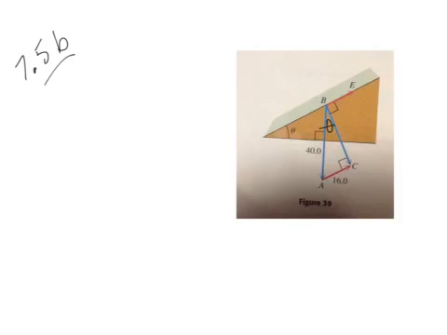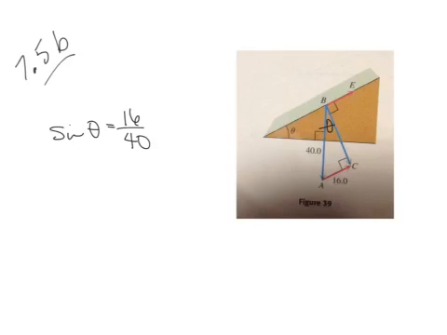So what are we going to use in order to do that? We are just going to go back to section 2.1, and we know to find that angle, we're going to take the sine of theta, and that's going to be opposite over hypotenuse.